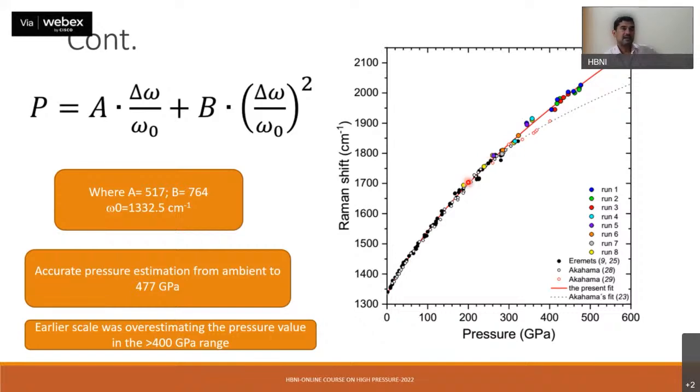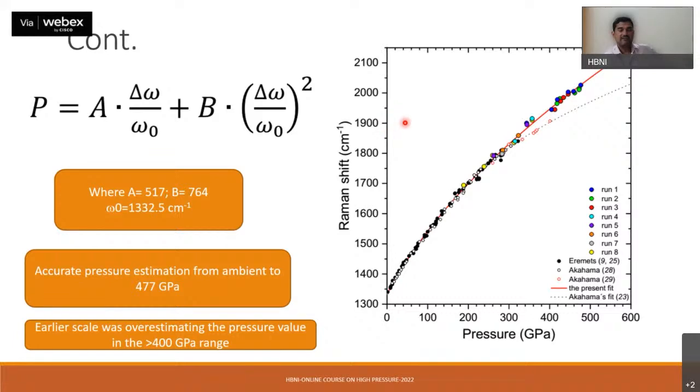The advantage here is that if you have a sufficiently good Raman system, you can use the Raman scale to measure the pressure, because necessarily, if you are using the diamond anvil cell, you have the diamond anvils on for your pressure determination. So what they were saying is that the earlier scale, determined by Akahama and Kawamura, is overestimating the pressure values beyond 400 GPa.